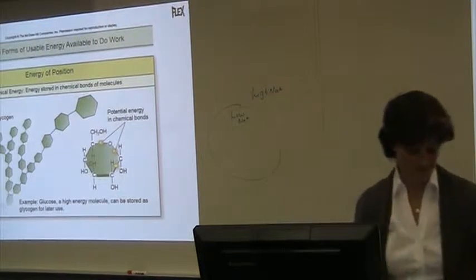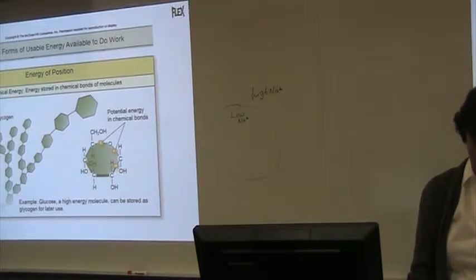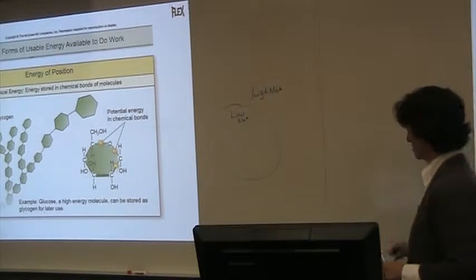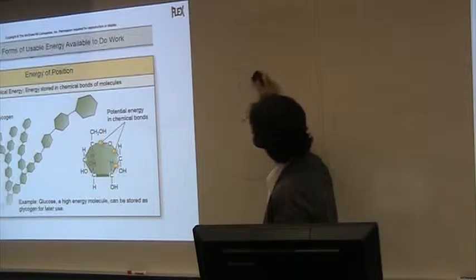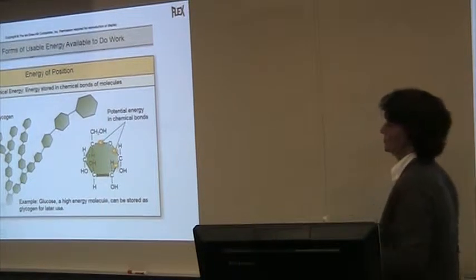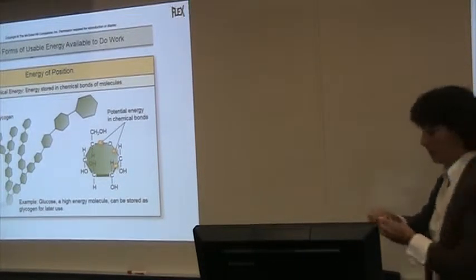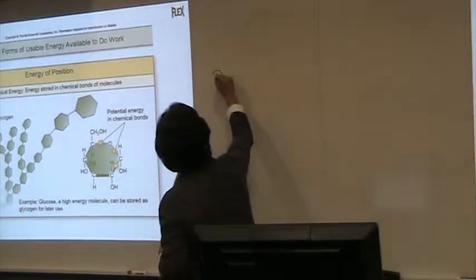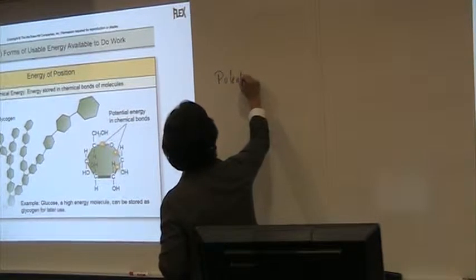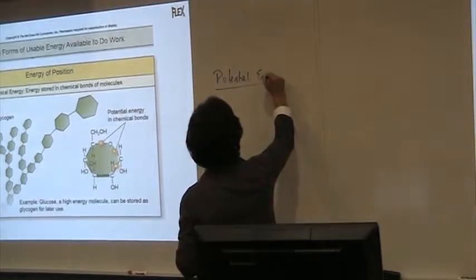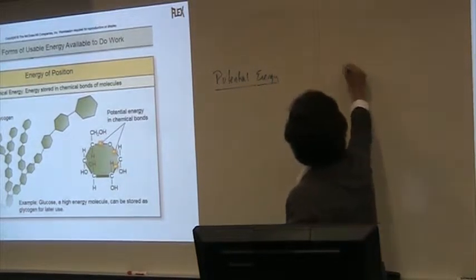All right. So we have these 2 ways that we think about energy, potential and kinetic, meaning does it have the potential to do work, or can it actually do work because it's in motion? So we have to categorize the different classes of energy as either potential energy or kinetic energy.